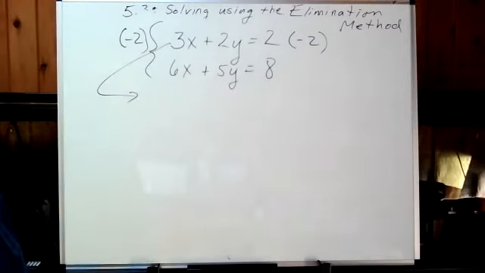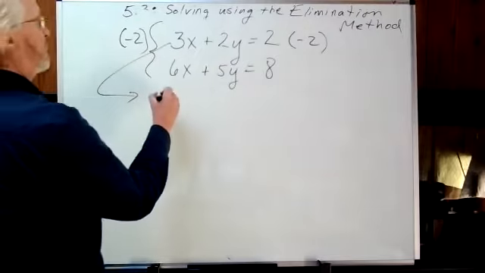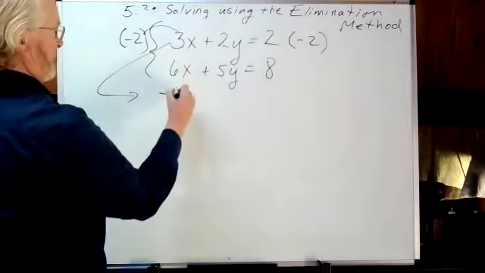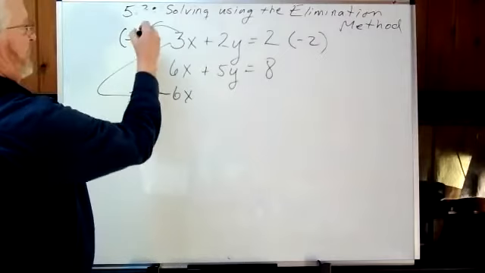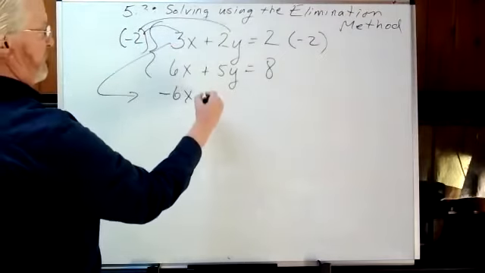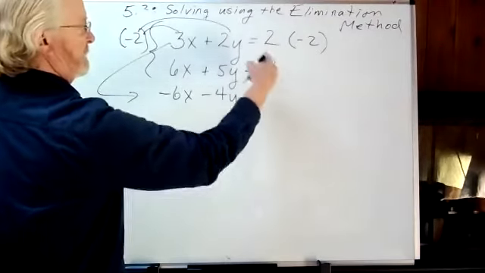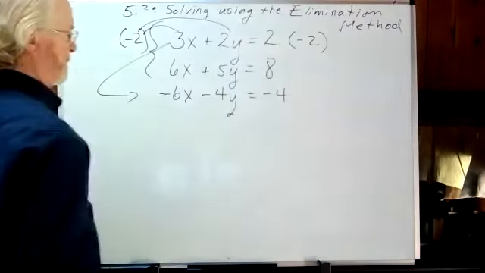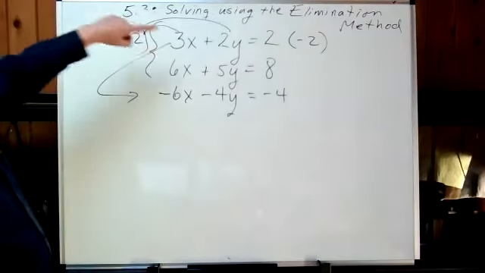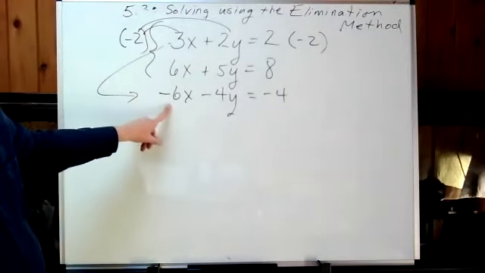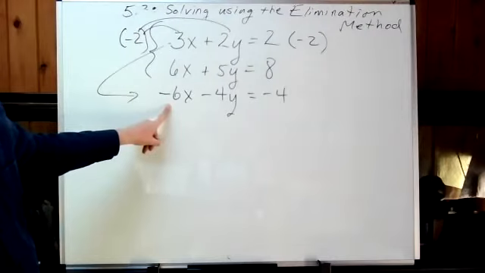Multiply every term by negative 2. Makes this negative 6x. Makes this one negative 4y. Makes this one negative 4. There, I forced that to become the number I wanted it to be.